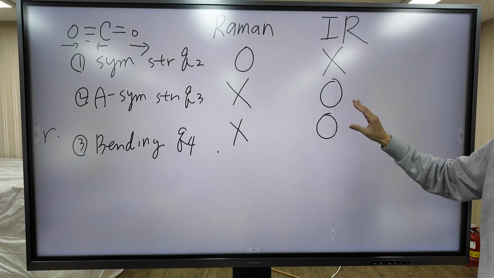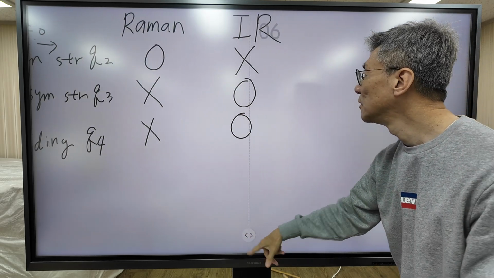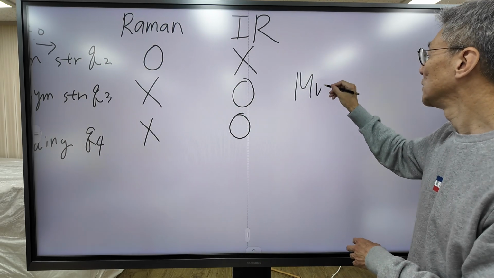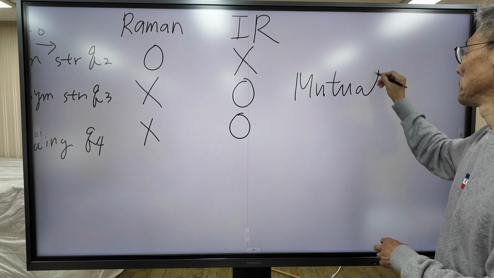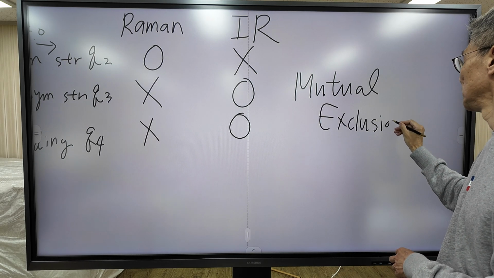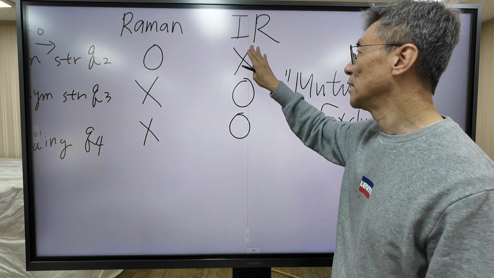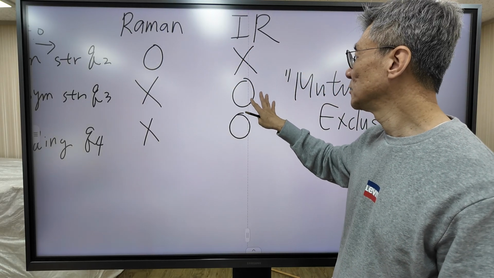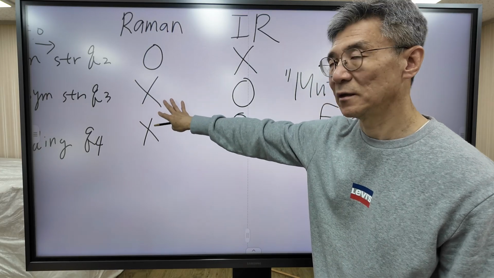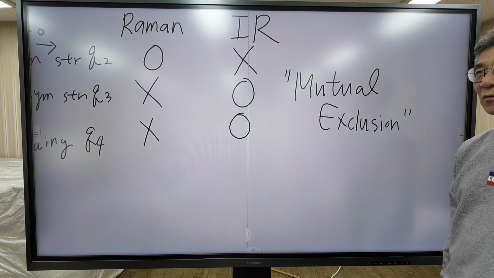This phenomenon is called mutual exclusion. A Raman active mode is not shown in IR, and an IR active mode is not shown in Raman. This is called the mutual exclusion principle.